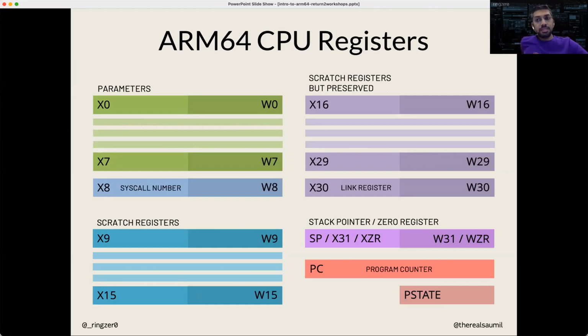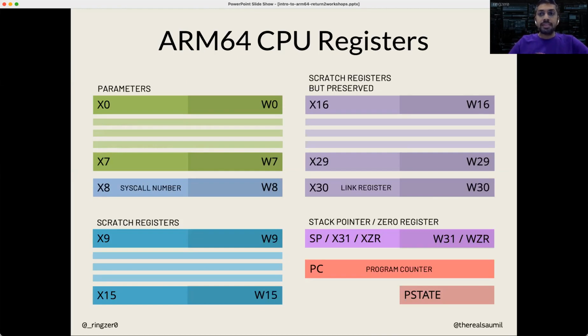But the stack pointer is applicable only when used in instructions that manipulate the stack. That is, it will only work as a stack pointer in load store instructions. If this register is used in any other instruction, it will function as a 0 register.